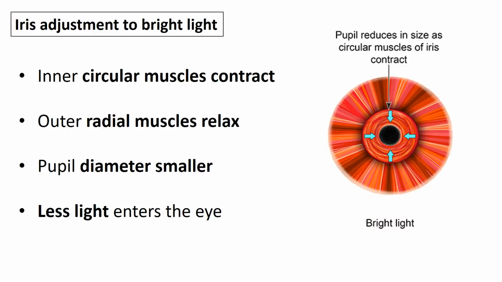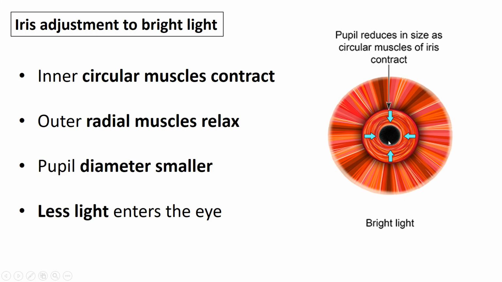When the iris adjusts to bright light, the inner circular muscles, the ones that go round in a circle around the pupil, will contract, and the outer radial muscles relax. Working together, this reduces the size of the pupil. So then less light enters the eye.